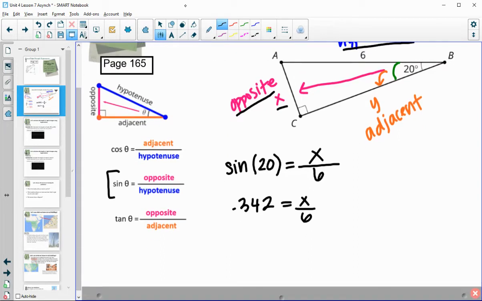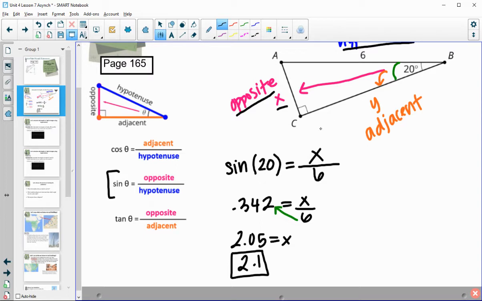Then you can cross multiply, so multiply that 6 up, and you'll end up with 2.05 equal to X. If you wanted to round to the nearest tenth, that would be 2.1 for side AC.